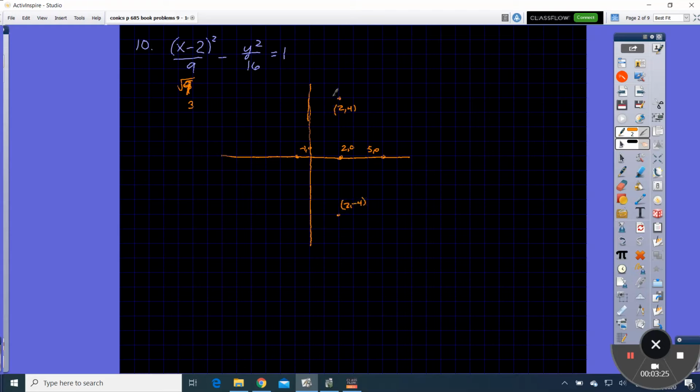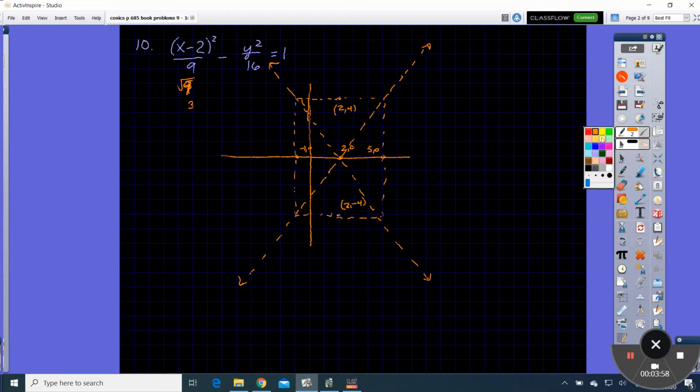Okay. Since it's a hyperbola, I know I'm going to make a rectangle. I connect my corners. Since it's the y that's negative, I know I could kind of erase the y and it's going to go over the x's, okay?